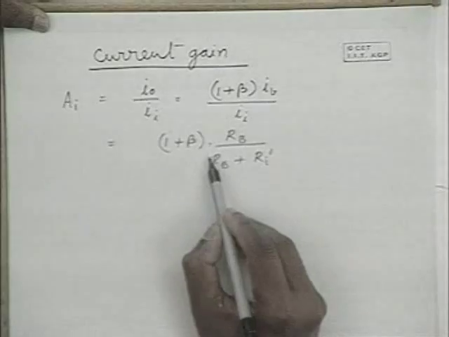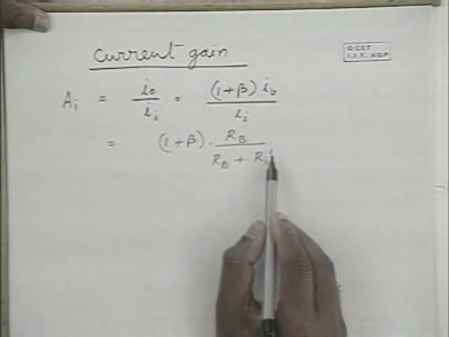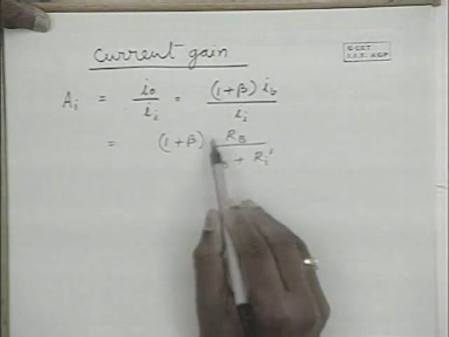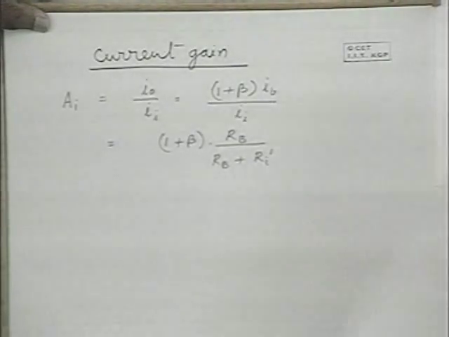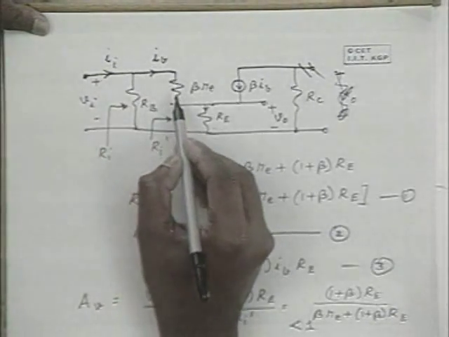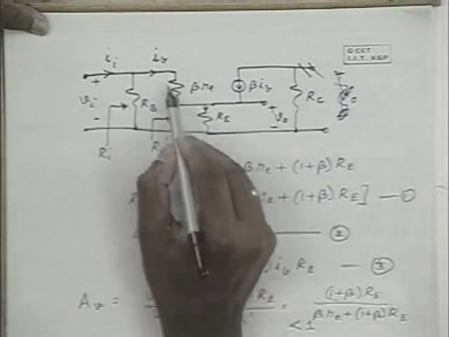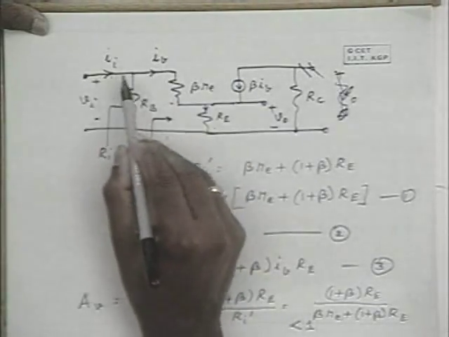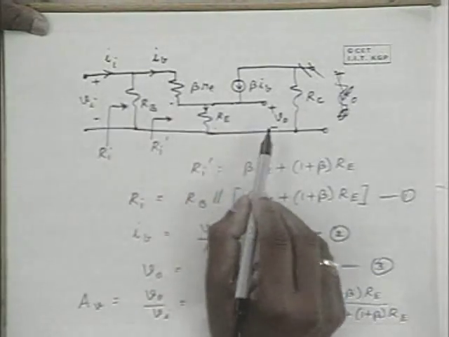And when this Rb is much larger than Ri dash, this is almost unity, and the current gain is 1 plus beta. That means almost all this input current goes into the base, and the output current is 1 plus beta times that.